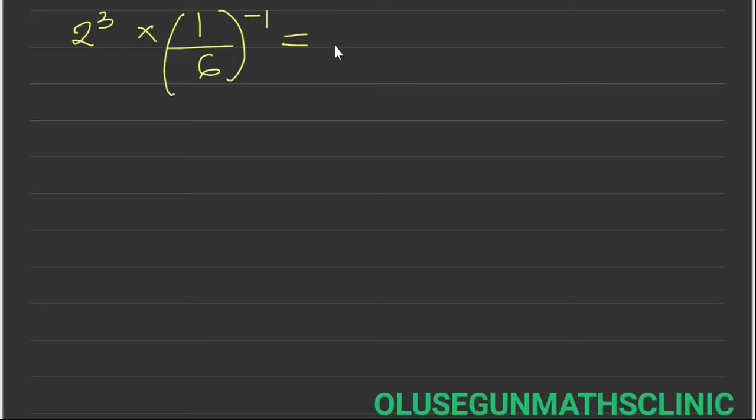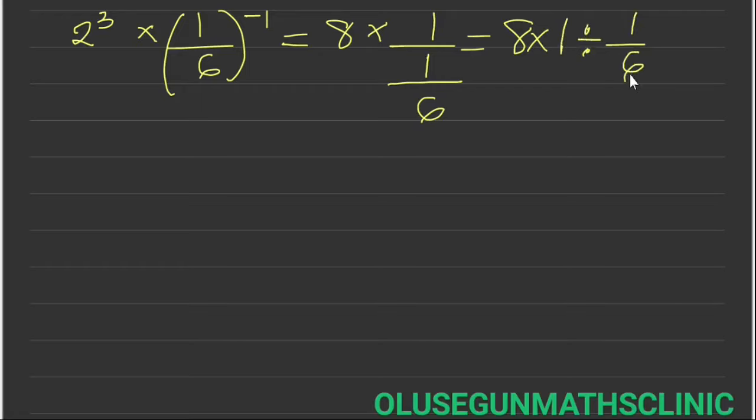In writing this, 2 raised to power 3 can be written as 8 times, as I've said earlier, the minus 1 on its own is 1 over 1 over 6. In writing this, it will be 8 times 1 divided by 1 over 6.